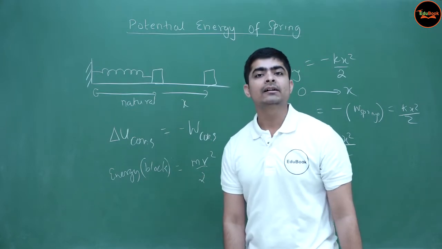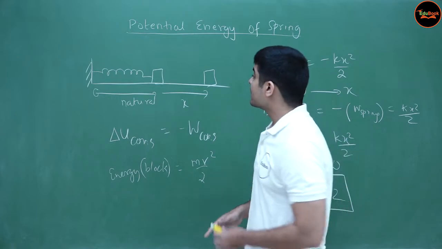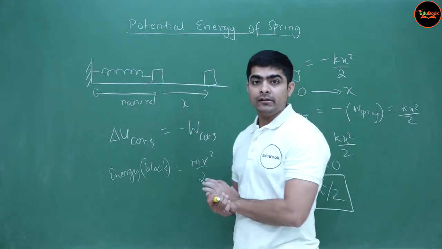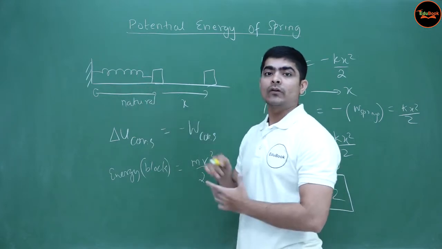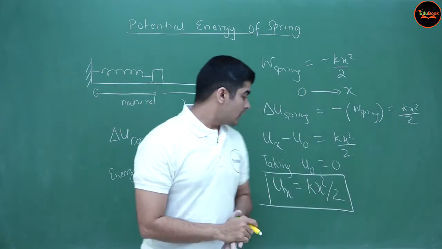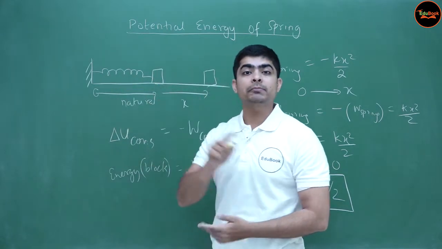The block cannot carry any other form of energy. When I elongate the spring, something is changing. What is changing? The length of the spring. So this potential energy is getting stored in the spring.